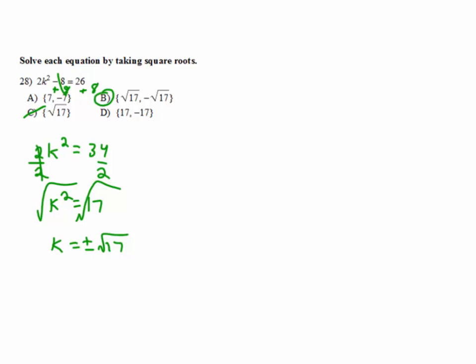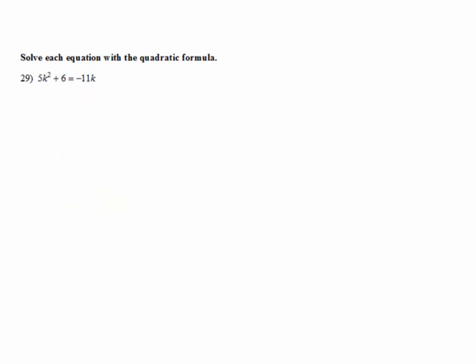Not for math tests. 29, quadratic formula. So x equals negative b plus or minus the square root of b squared minus 4ac all over 2a. Now, to do this, I need a, b, and c, and this is not written right.